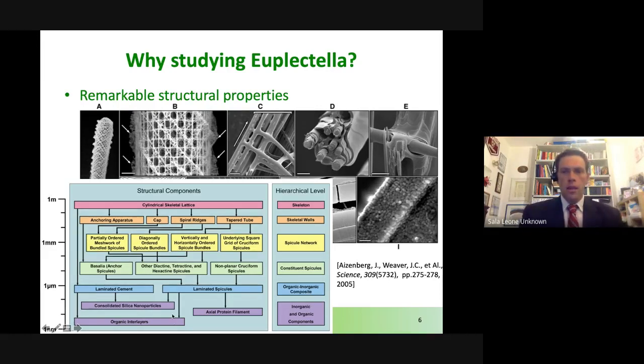Okay, so the structural properties are granted by this multi-layering growth of this silica structure interposed by organic materials, and this grants the minimum structural properties that allow the animal not to die immediately.